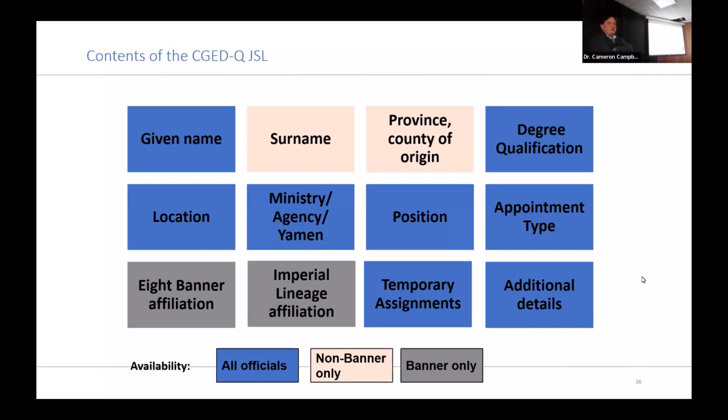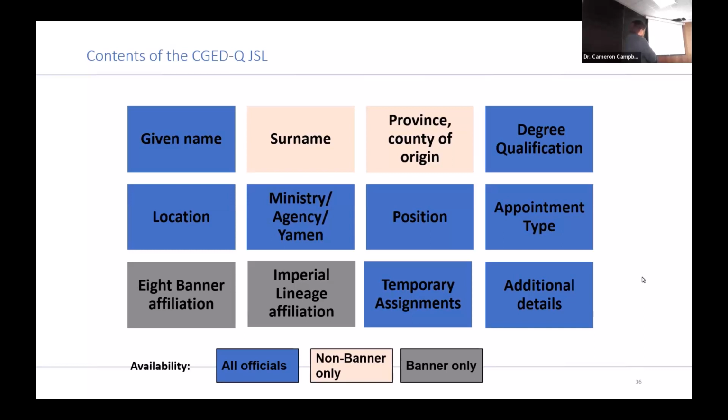So you had this hereditary elite, the bannermen, who accounted for only about 2% of the population of China, but something like half of the highest officials, because there was a whole system of privileges and reserved quotas and so forth. And for those bannermen, we have their banner affiliation.